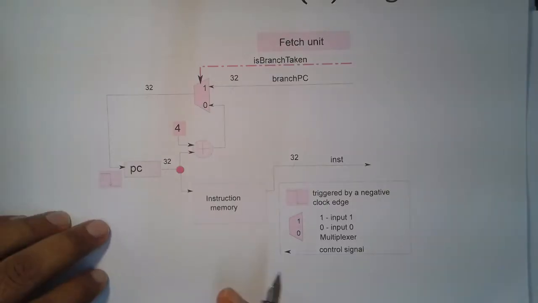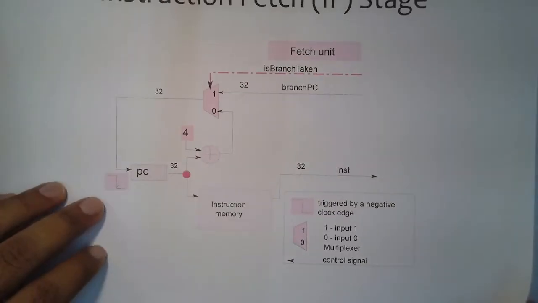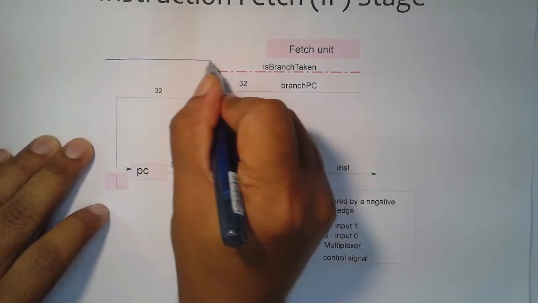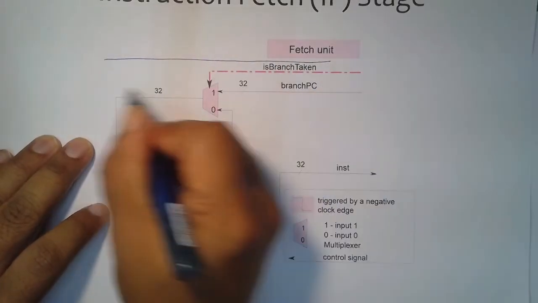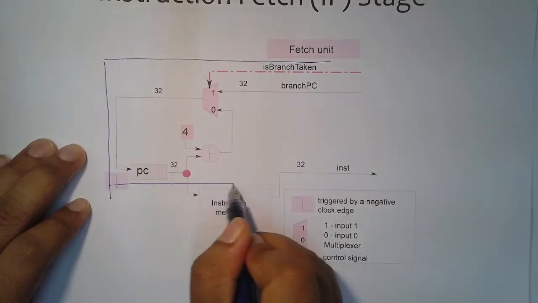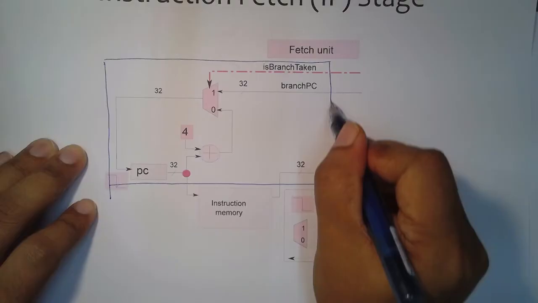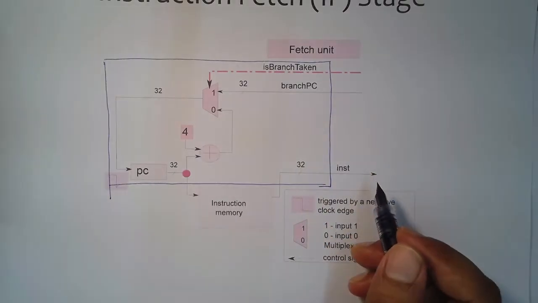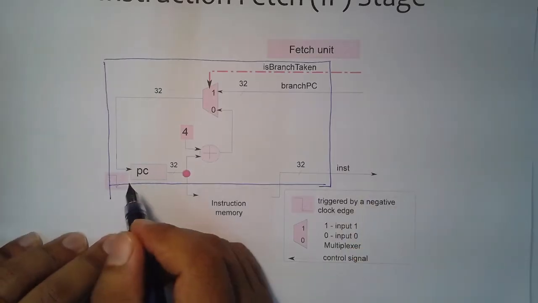So this is what the instruction fetch stage looks like. I'll just highlight it: this whole block is our instruction fetch stage. Now what does it have? It is very simple.